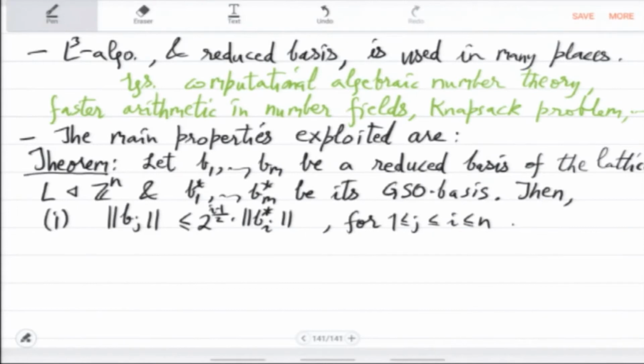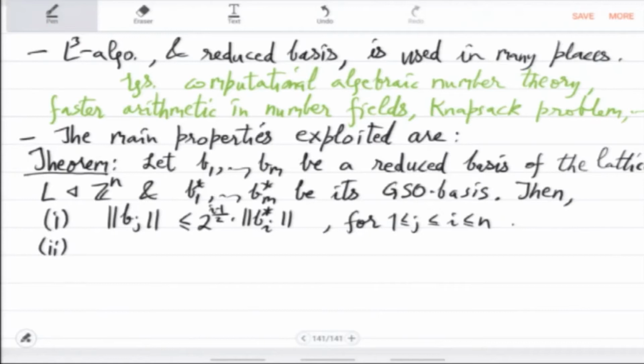So, in particular, it is saying that if you look at Bi minus 1, it is a factor smaller than Bi star, and this factor is exponential in i, 2 raised to i by 2. This can be shown by this inequality, this almost ascending property of the reduced basis. Okay, it follows directly, we did that calculation.